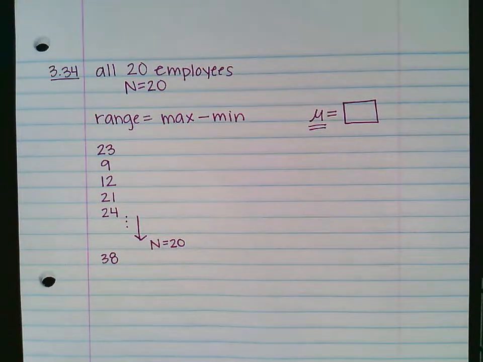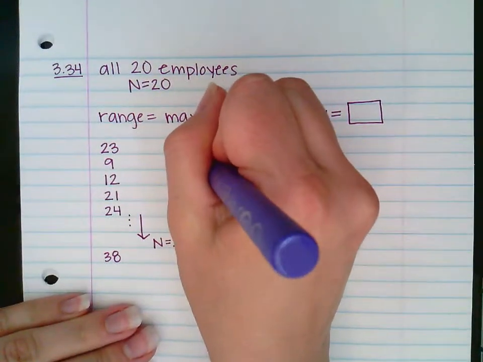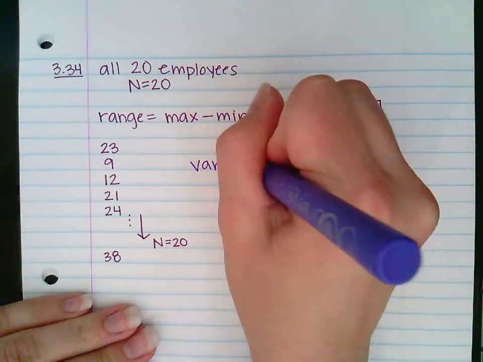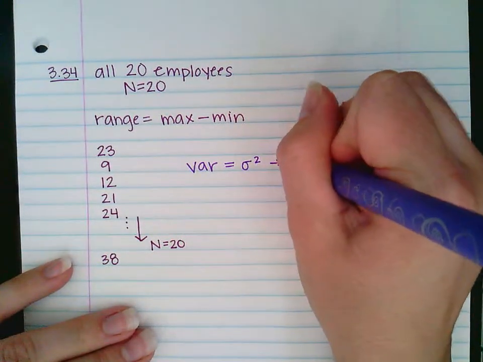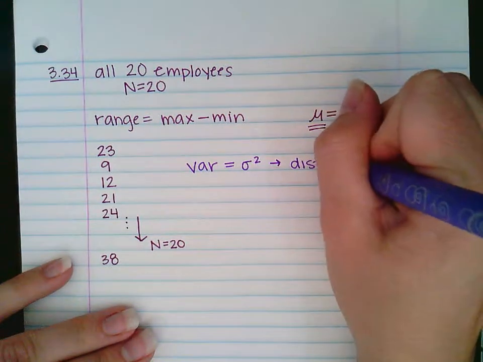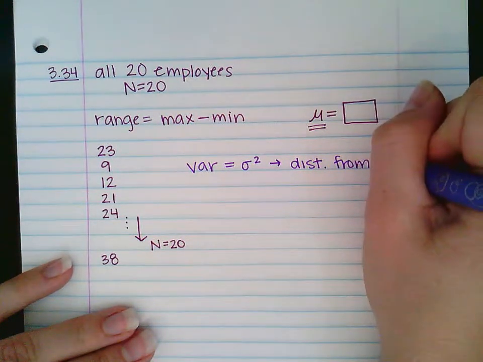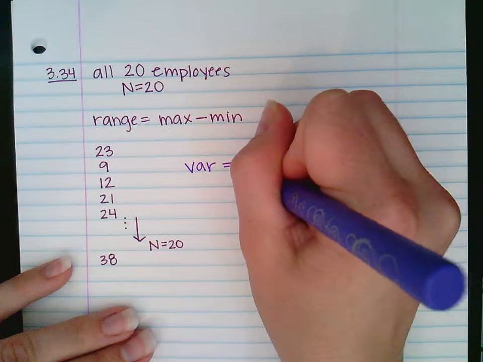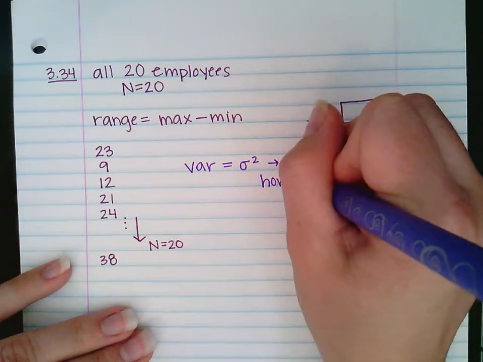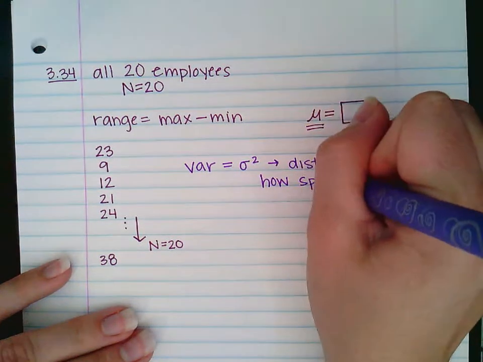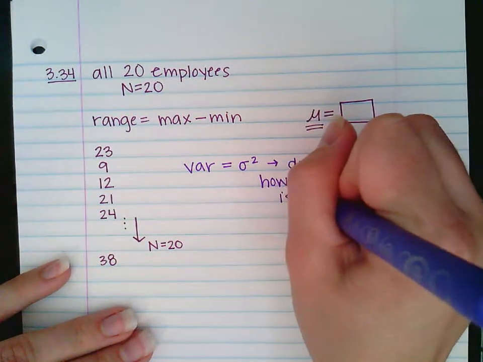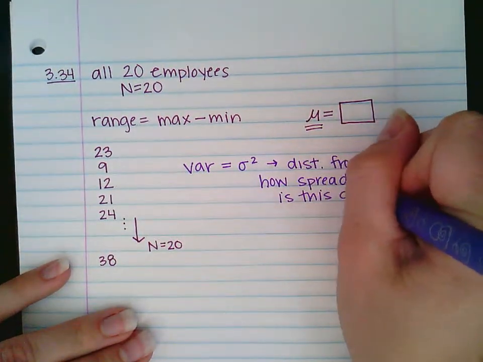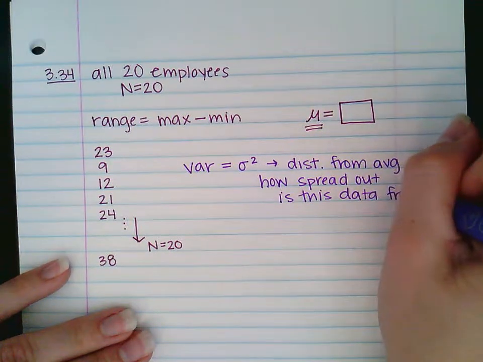And so what the variance is going to measure, we're going to call it sigma squared, is the distance from the average. And the question that we're going to be asking is how spread out is this data from the center?